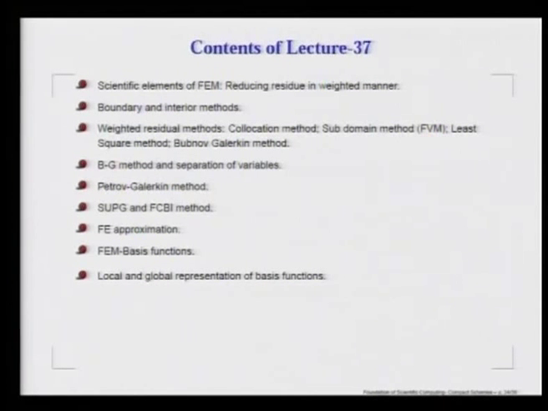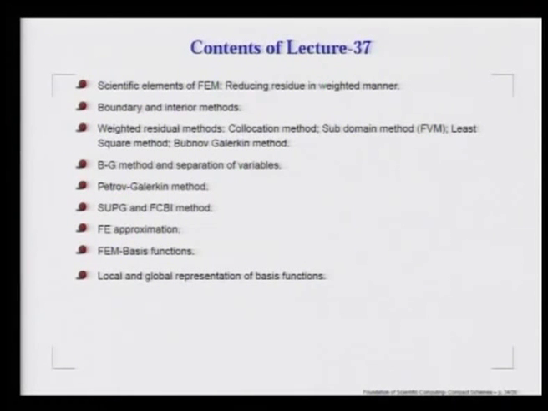We notice that the scientific element of FEM is an effort to reduce the residue, not exactly, but in a weighted manner, and we talk about various variations of this method in terms of boundary and interior methods. We also talk about various versions of weighted residual methods.